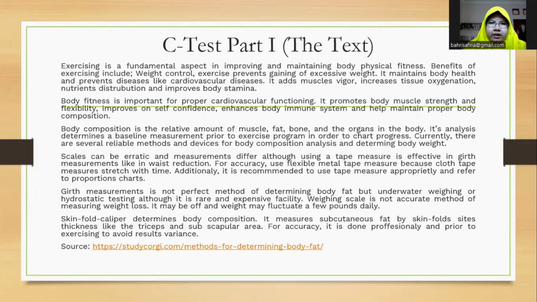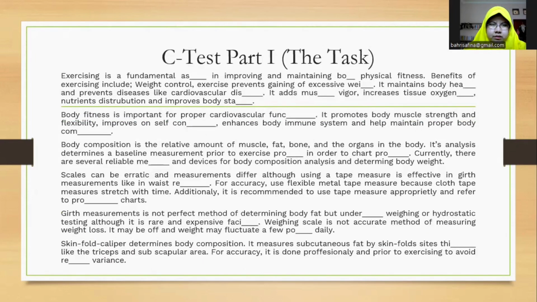This is the first text for the first C-test assignment. The title is Methods for Determining Body Fat. Here is the first assignment of C-test. In this assignment, I examined the students' ability in vocabulary and reading comprehension.